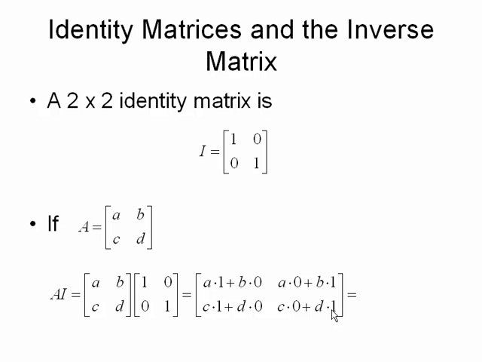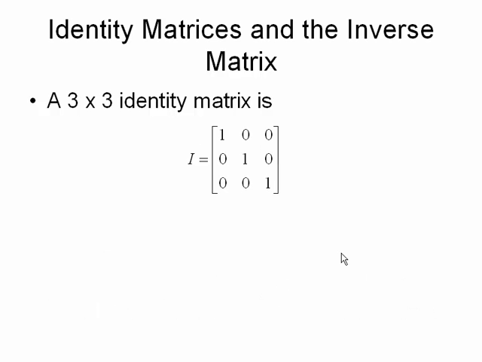When I do the arithmetic for these, what I find is I get A back again, the exact matrix I started with. So that's telling me that I is in fact the identity matrix because A times I gave me back what I started with, which was A. A 3 by 3 identity matrix is the matrix you see here below, and just like the previous one, it has ones down the diagonal and zeros elsewhere.